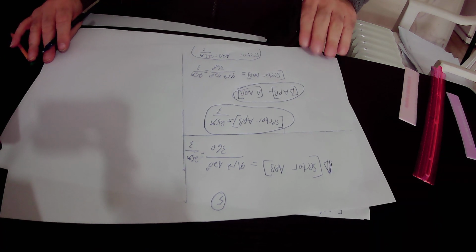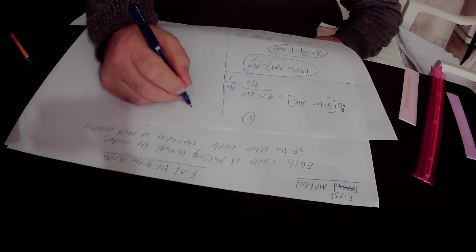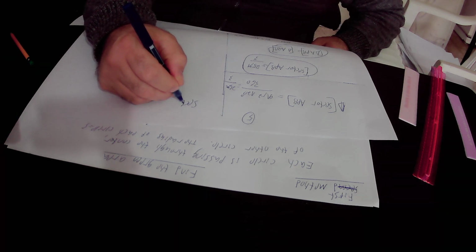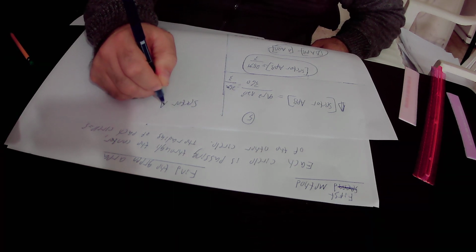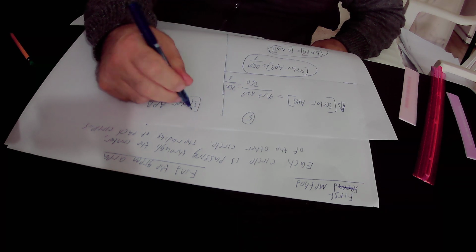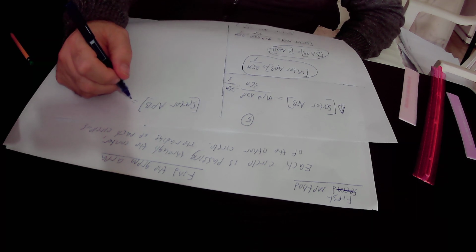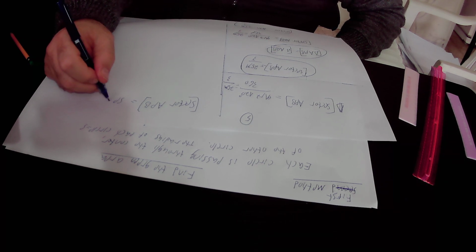That is to say, the area of sector APB is equal to the area of sector AQB.